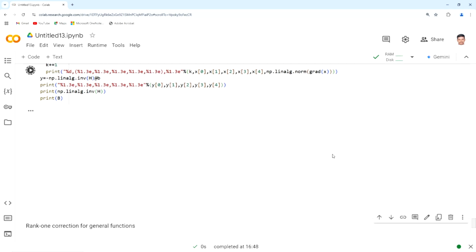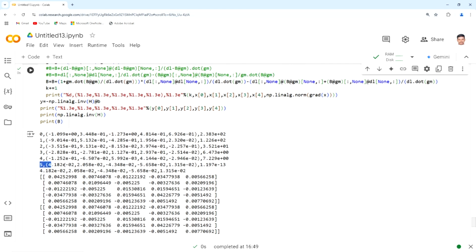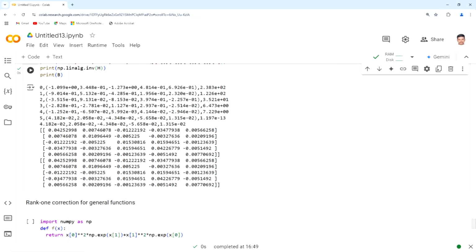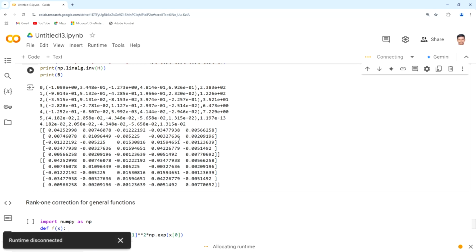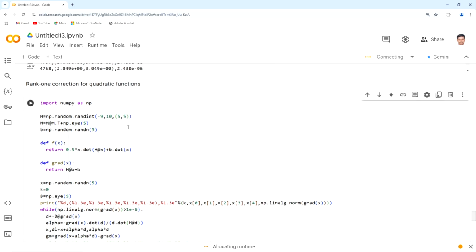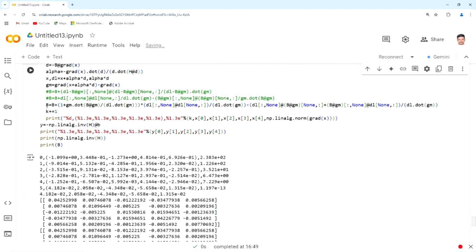Let us check if we get the answer. We got the answer in 5 steps, n steps so as to say, and you can see that it is the same as H inverse, B, and H inverse and B are exactly the same. That is for the quadratic functions, and for general functions again we can use this step.